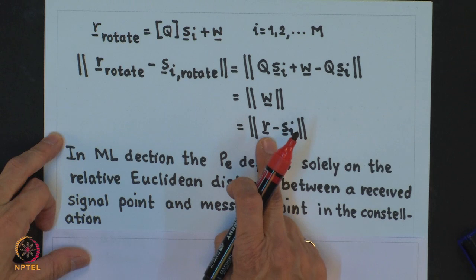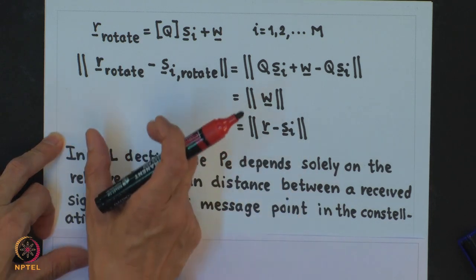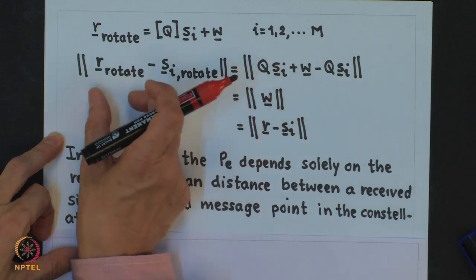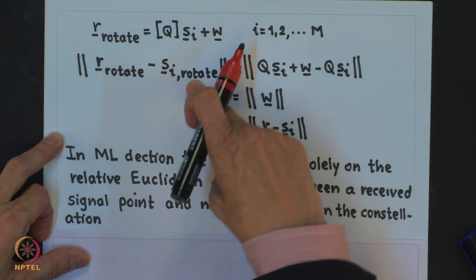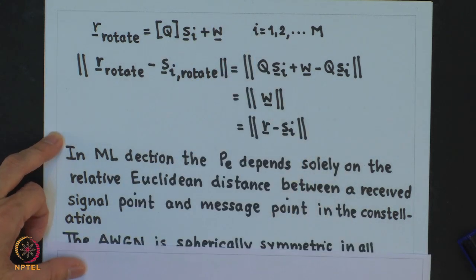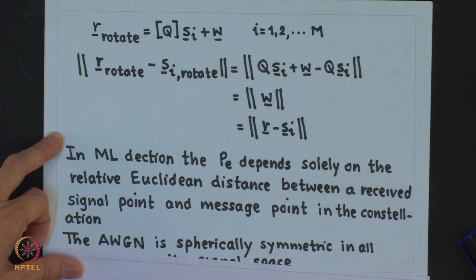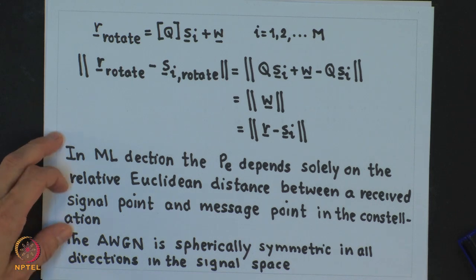So, what this result shows is that this relative Euclidean distance between the received signal point and a particular message point in the constellation remains unaffected. And remember that the additive white Gaussian noise is spherically symmetrical in all directions in the signal space.